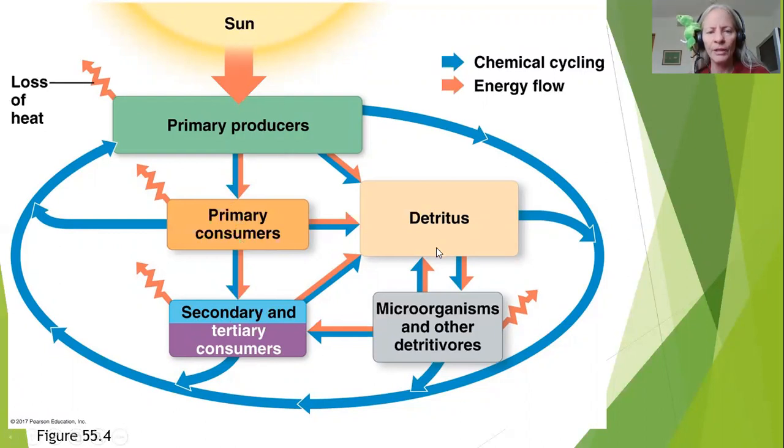And when any of these animals die, they end up as detritus, which then gets decomposed by microorganisms and other detritivores. So we've got the energy flowing through, and notice that at each step along the way, some energy is lost as heat.